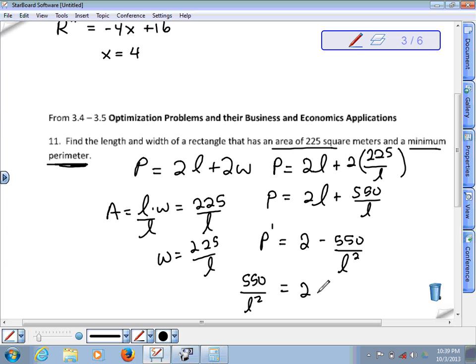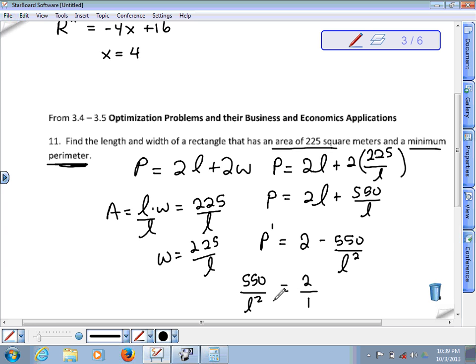Now there's a couple different ways you could solve this. You could think about this as a fraction. 550 over L squared is equal to 2 over 1. This is what's called a proportion, where we have a fraction that equals a fraction.